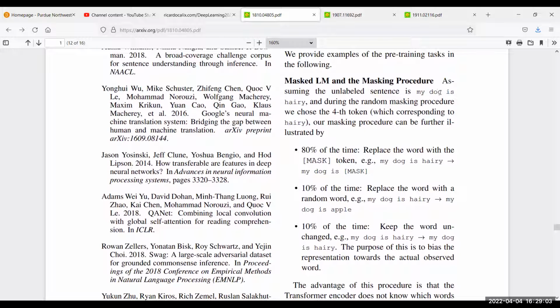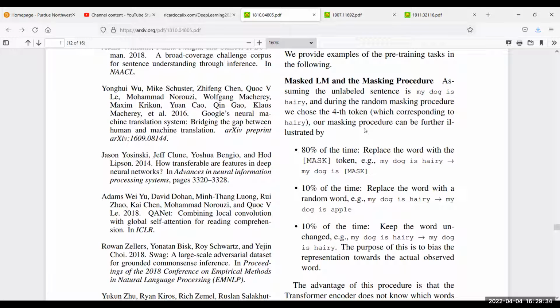Assuming the unlabeled sentence is "my dog is hairy," they're going to randomly pick about 15% of the tokens to be masked. And actually, 15% of them get chosen for a procedure, but they don't all get masked. So during the random masking procedure, let's say they choose the 4th token, hairy.